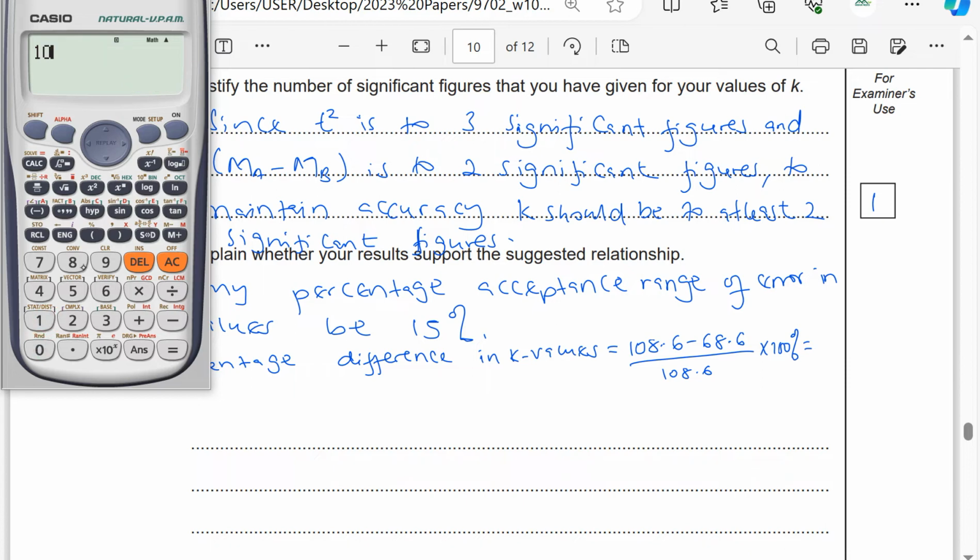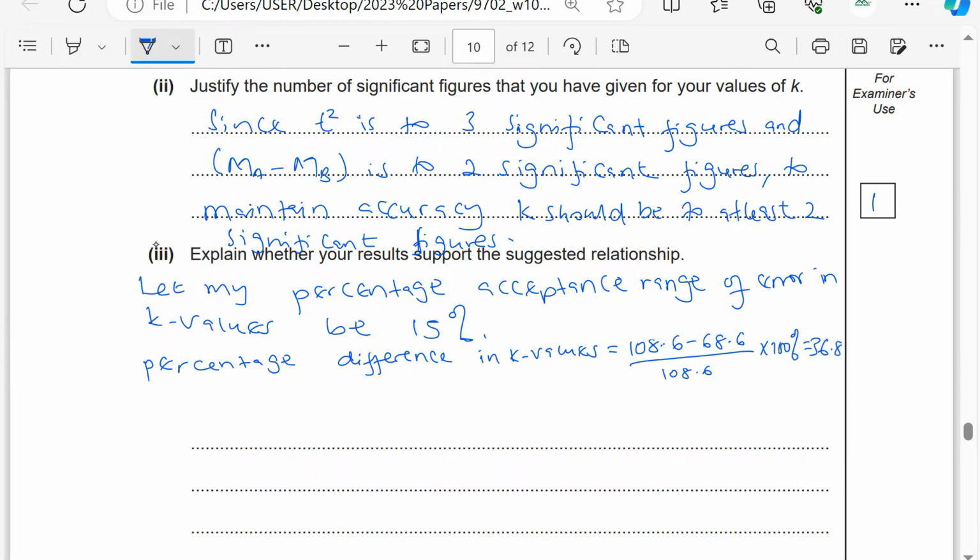So 108.6 minus 68.6 divided by 108.6, then times 100, where she got 36.8%. This is quite big.